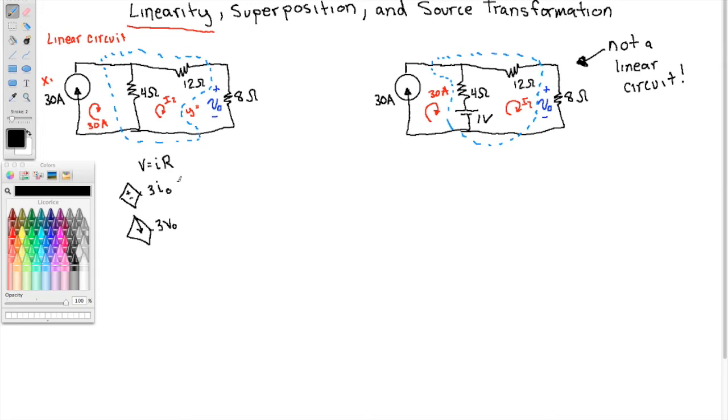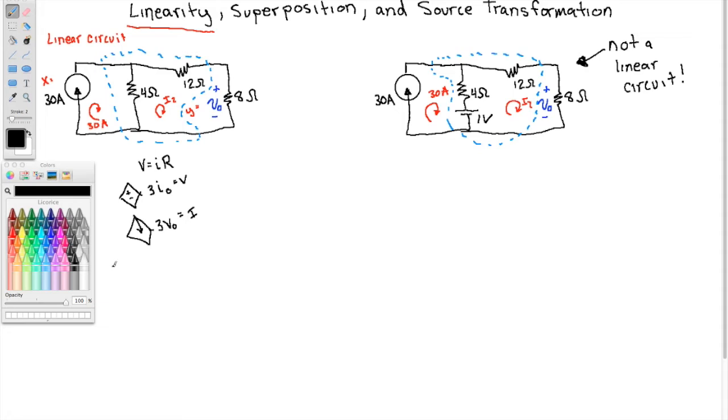So a dependent source's voltage is related to some voltage or current in that form as well, and the current is also related to the voltage in that same form. That is to say, they're proportional.